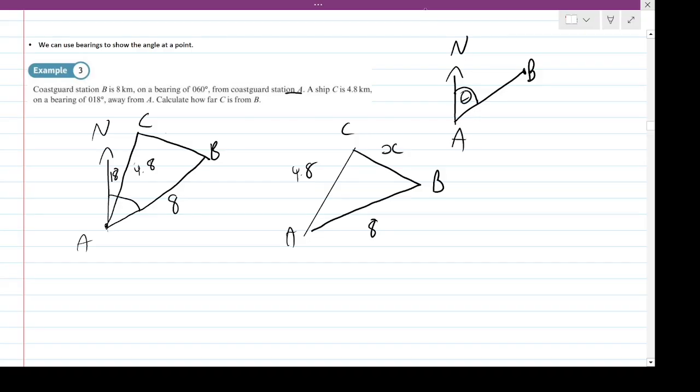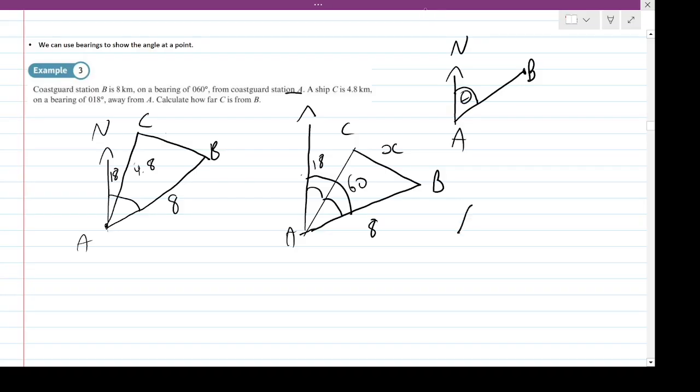But I need an angle. Because it's talking about angles, I can get an angle. I know that from this top, this is 18 degrees. But I also know the whole angle here is 60 degrees because that's the bearing to B. So this angle in the triangle is just going to be 60 take away 18.